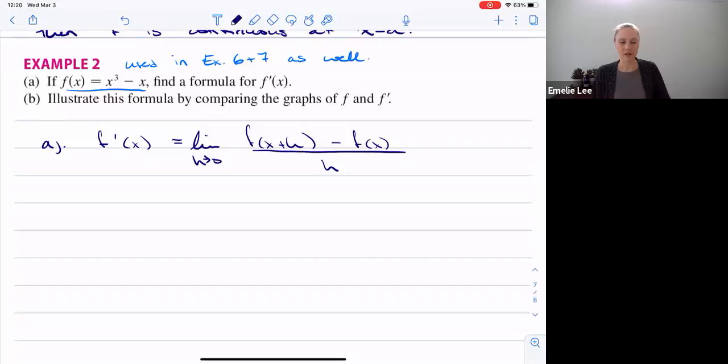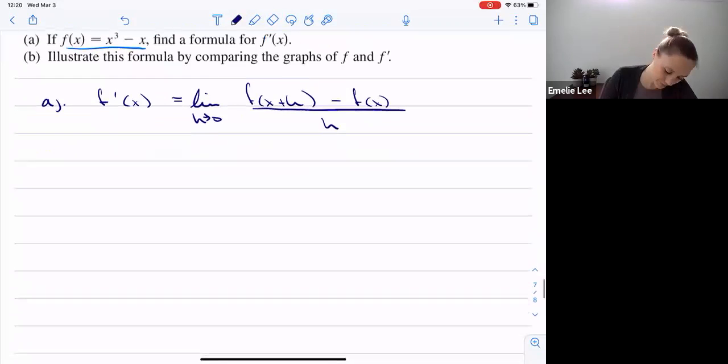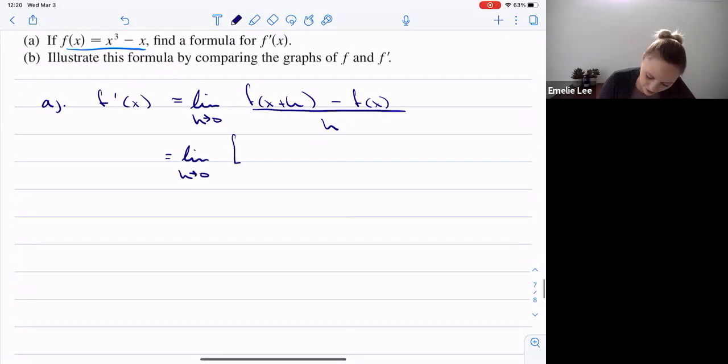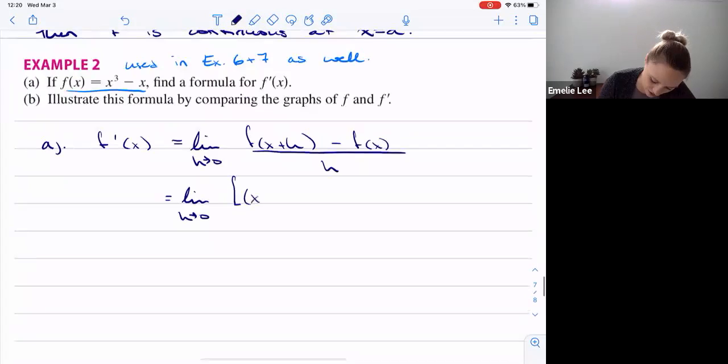Okay. Being careful, because here you've got x plus h and here you've got x, so you have to replace your x's with x plus h, but besides that, no big deal here. So this becomes the limit as h goes to 0 of f of x plus h, which is x plus h to the power of 3 minus x plus h.